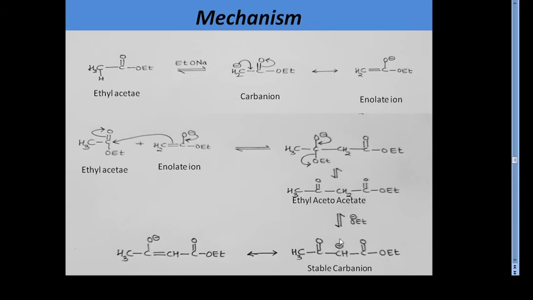This carbanion is stable because it has resonance stability here. Now this will not go into the backward reaction, and that's why two alpha hydrogens should be present for the Claisen ester condensation reaction.